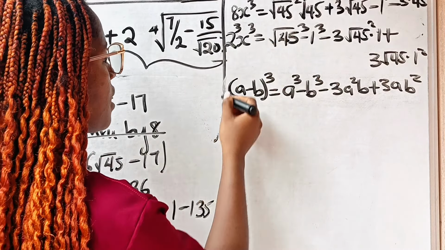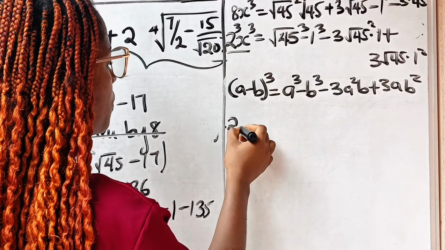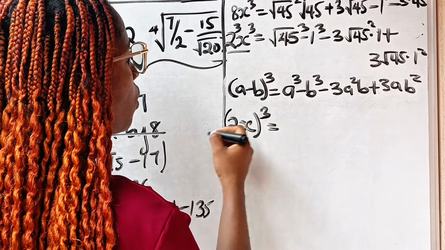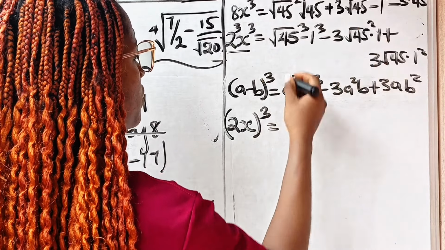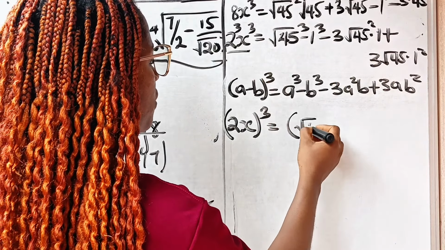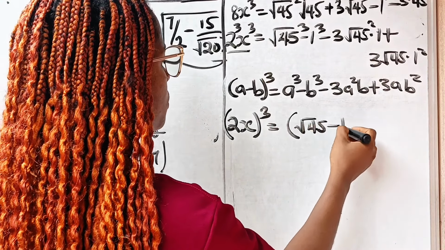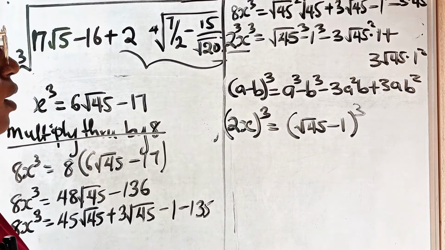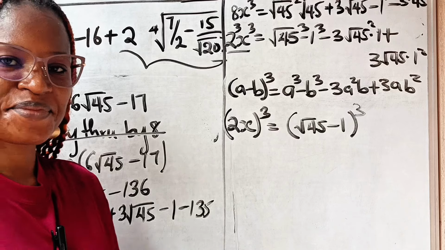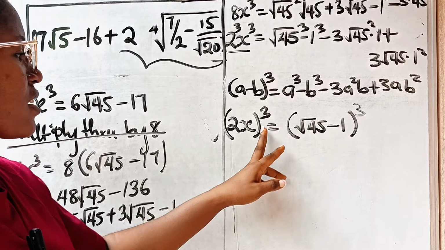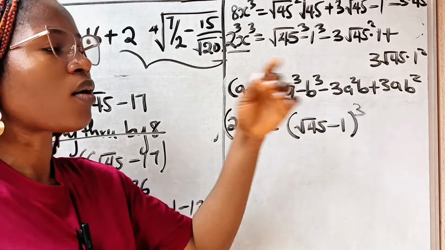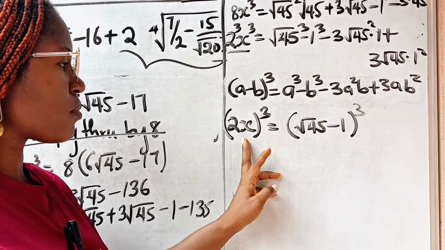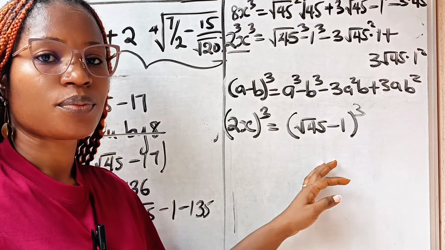So I can write 2x to the power of 3 is equal to the whole of this as root 45 minus 1, everything to the power of 3. You can see that they are both raised to the same power, so it simply means that their bases are equal.